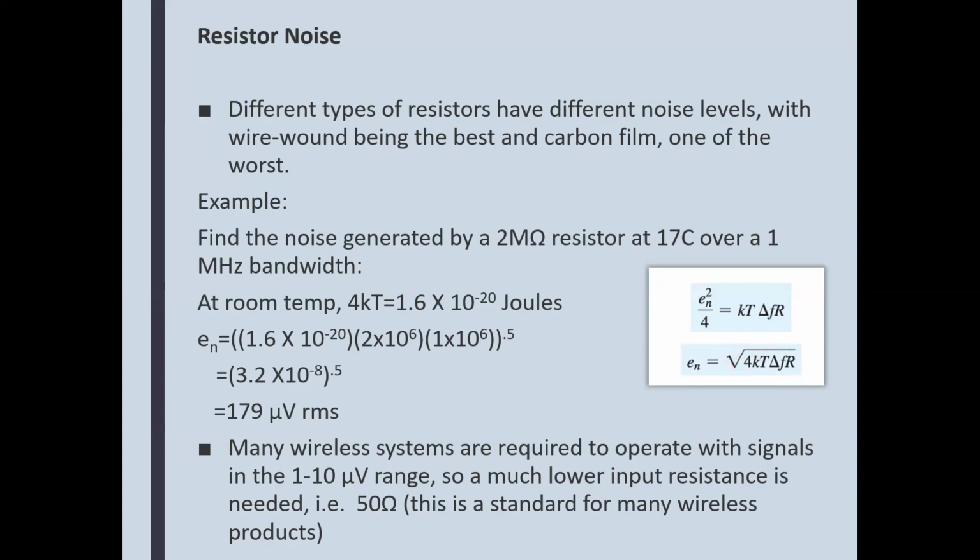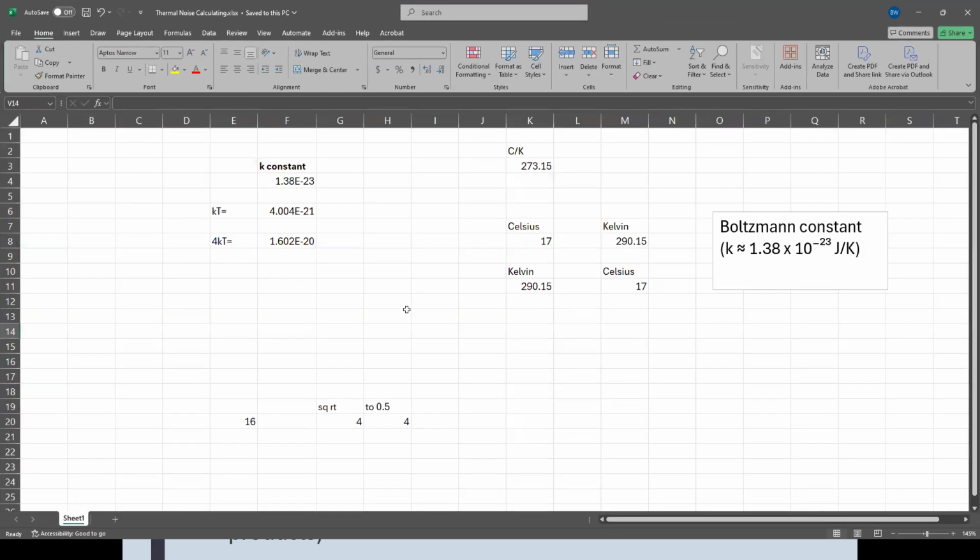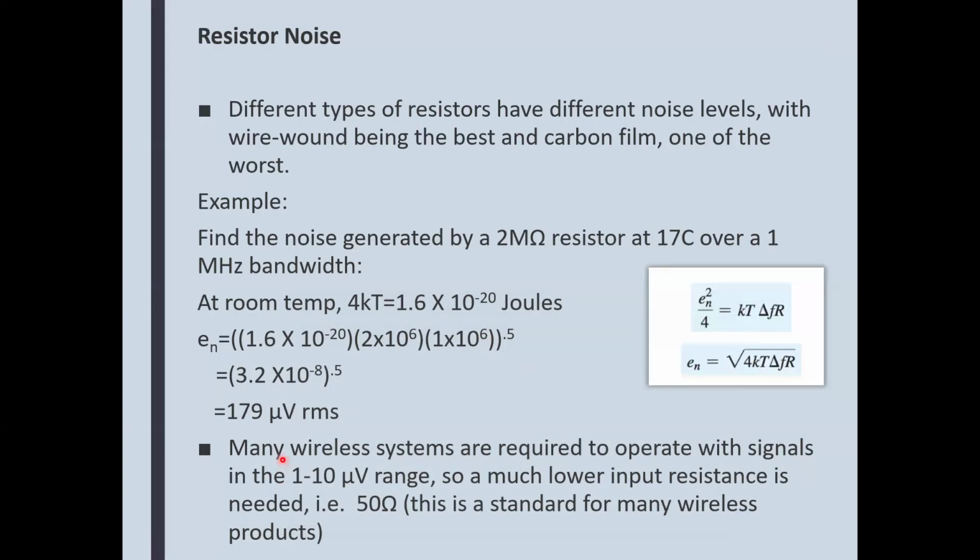Just to prove that, the square root of 16 is 4. If you take 16 and raise it to the power of 1/2, you get 4. The square root of 4 is 2. Same thing. This is where that 0.5 exponent comes from.